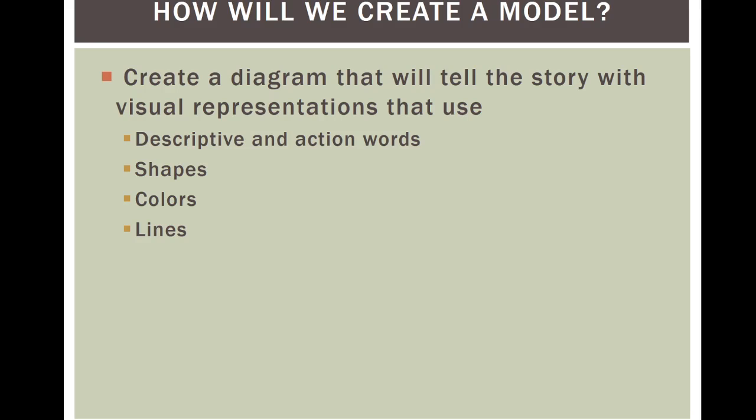As I said earlier, we're going to be using different shapes, colors, and different types of lines to represent different things. And so when we do that, we want to be consistent in how we do things, so that as we are talking to our audience or our teammates or our customer, we have a consistent message across the board.